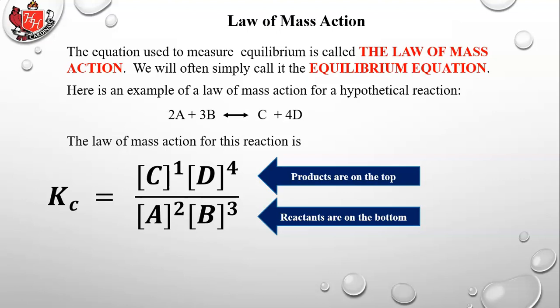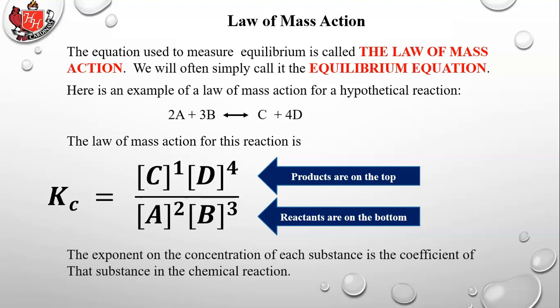Equilibrium constants are always a positive number, but the numerator on top, C and D, will be very small compared to the denominator on bottom, so the equilibrium constant will be very small if very little of the reactants A and B turn into products C and D. The exponent on the concentration of each substance is the coefficient of that substance in the chemical reaction.